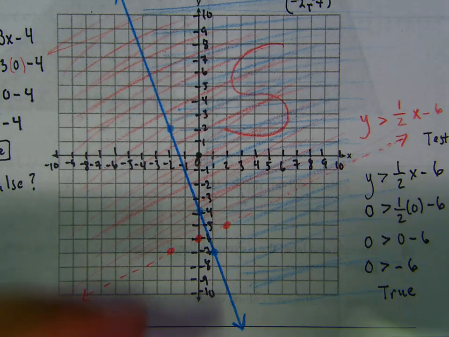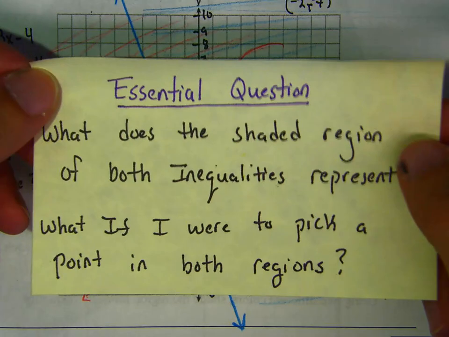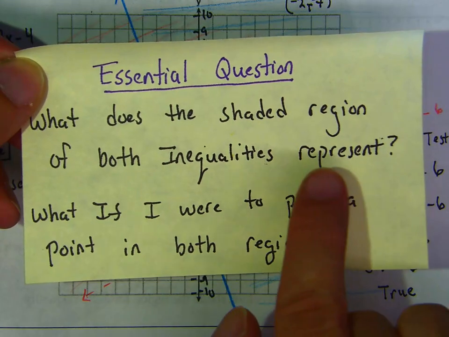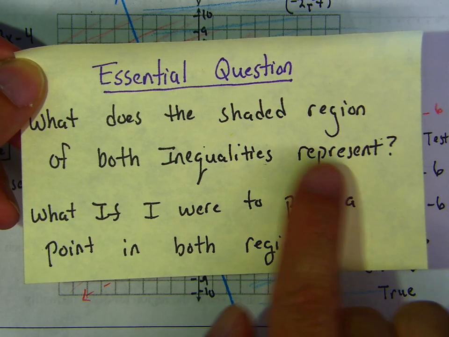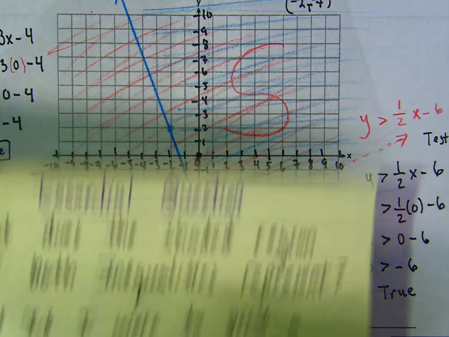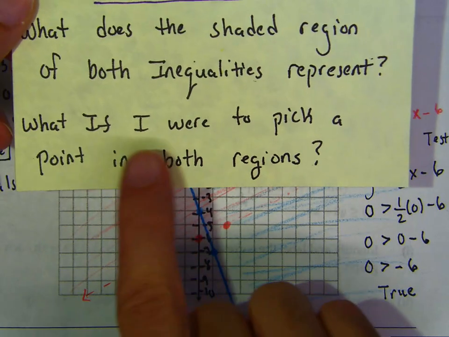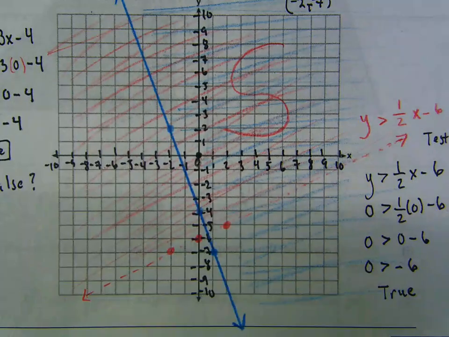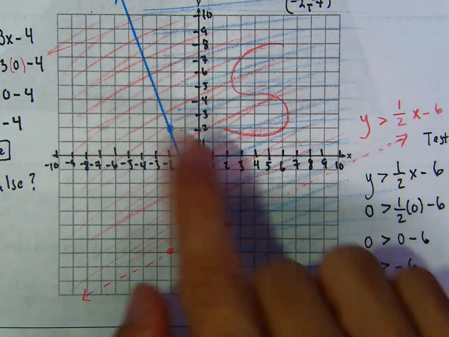So the really important thing to ask yourself is, what does the shaded region of both inequalities represent? It represents the solution set. What does that mean? What if I pick a point that's in the red and the blue region?